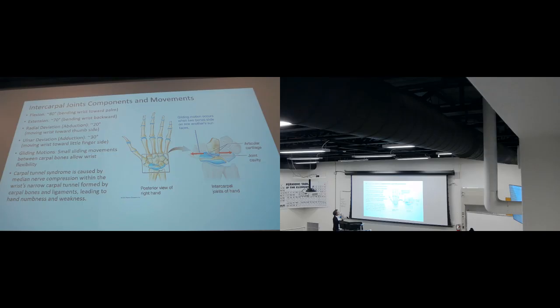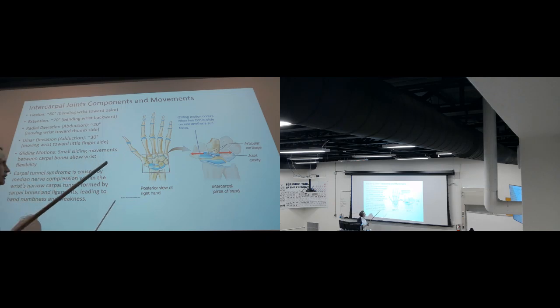So flexion is 80 degrees. Extension 70 degrees. Radial deviation, which is abduction, like this, 20 degrees. Ulnar deviation or adduction, 30 degrees. So 20, 30, and then 80, 70.